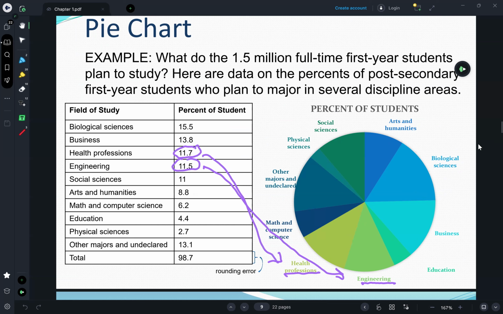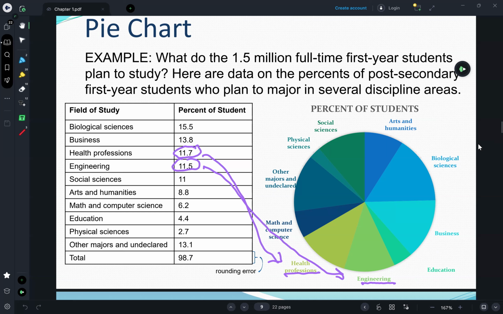This is 1.5 million full-time first-year students and what they're planning to study. And is there more planning to study health professions, or is there more planning to study engineering? And we can't tell from the pie chart alone. So it's really difficult to know.